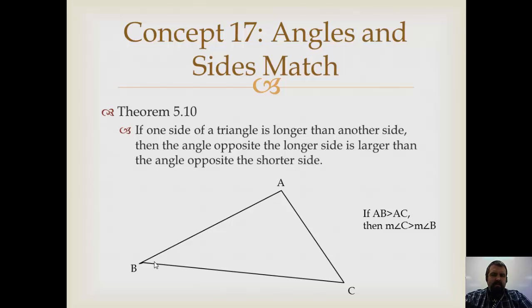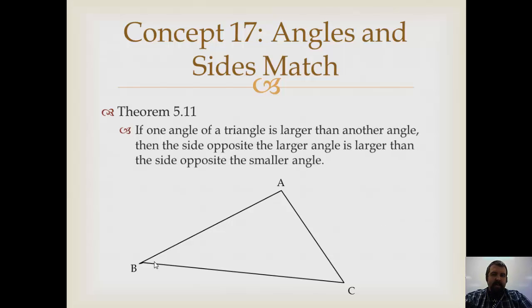It's also true the opposite way. If I know one angle is larger than the other, like for instance, what if I knew that angle C was larger than angle B? Well, then the side across angle C has to be longer than the side across angle B. That's just straightforward. So that's what this theorem says, 5.11.